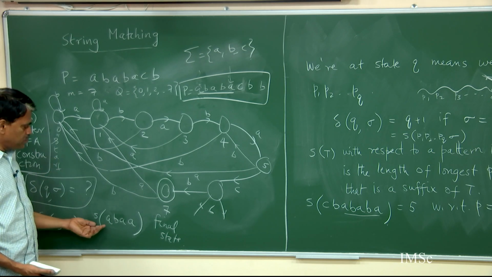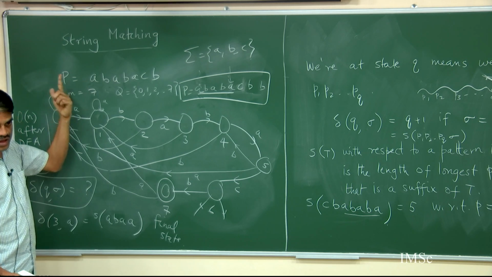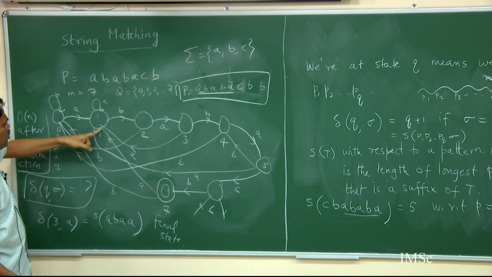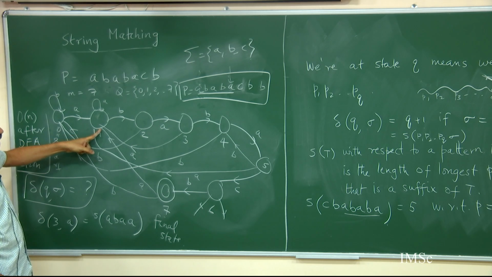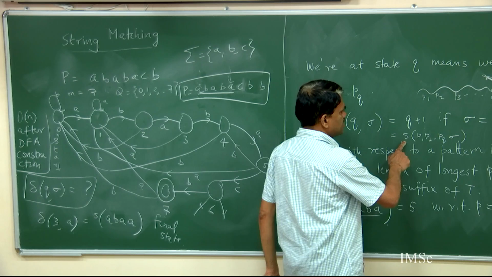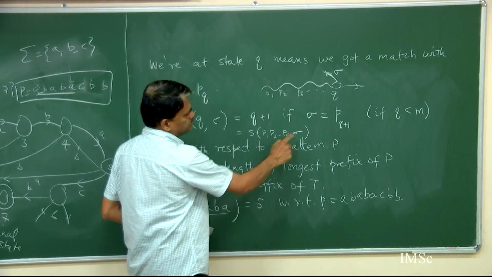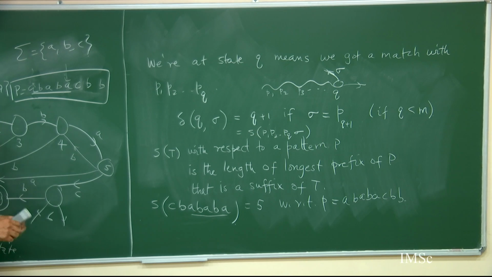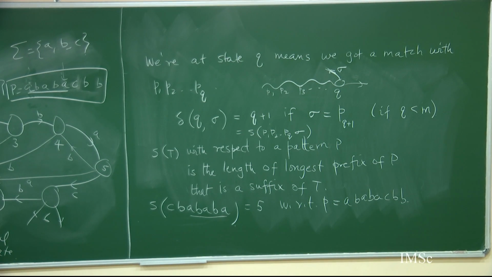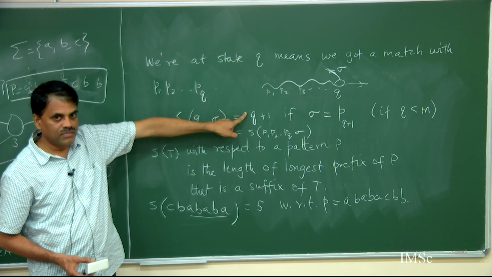In this case the longest prefix of the pattern which is sitting in the suffix is 1. So I go to position number 1. Okay. So it is essentially S of P1, P2, PQ followed by your new character, and that is where you should go. Length of the longest prefix, which also happens to be the suffix. Okay. Note that it actually handles this case also.